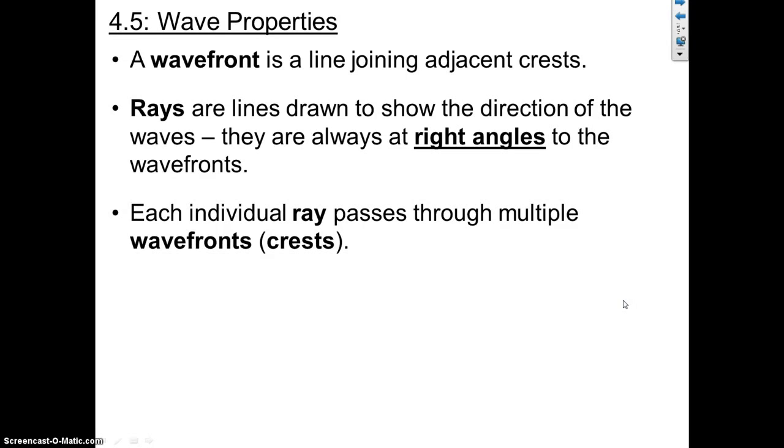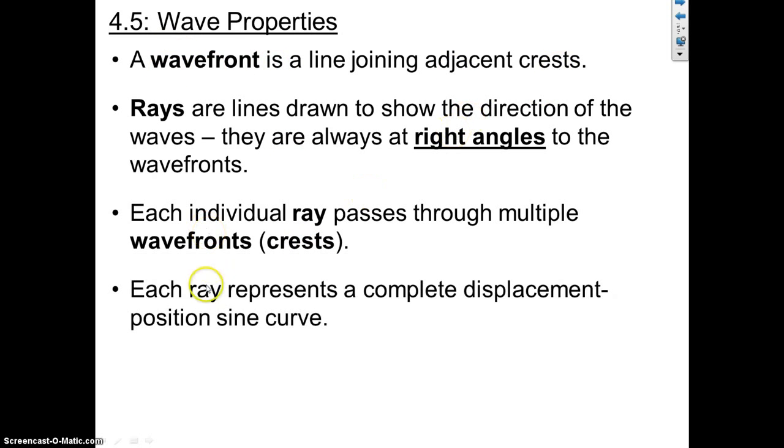Each individual wave will always pass through multiple wavefronts, which is to say it passes through multiple crests, because wavefronts are the crests. So that means that every single ray we might draw into a wave diagram like this represents a complete displacement position sine curve, where the wavefronts are the crests.